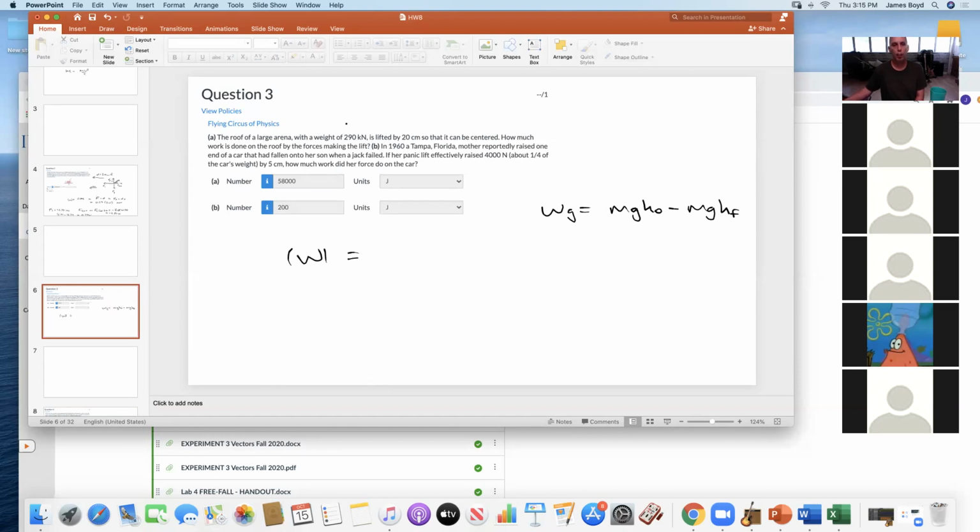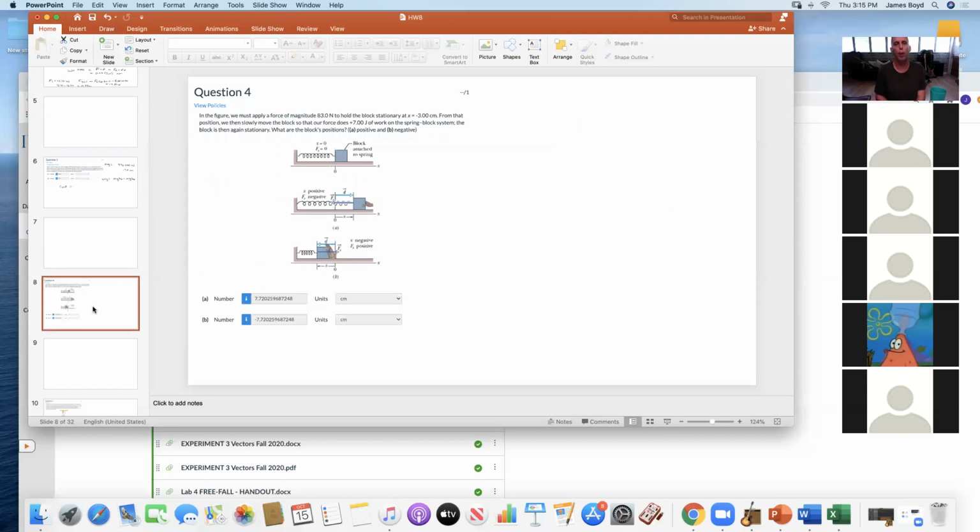So if mg of this roof is 290,000 newtons, and it's listed at a height of 0.20 meters, 20 centimeters, we can assume that it's initially at a height of 0 and its final height is 20 centimeters or 0.2 meters. And therefore we can find the work and take the absolute value. That is another really simple one.